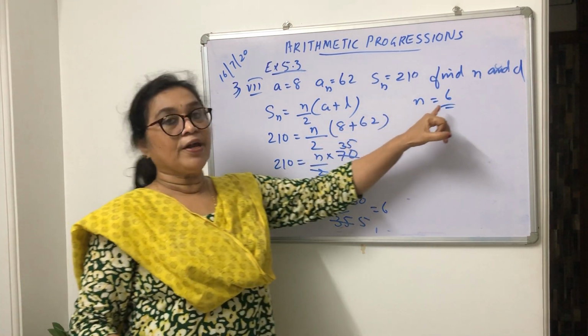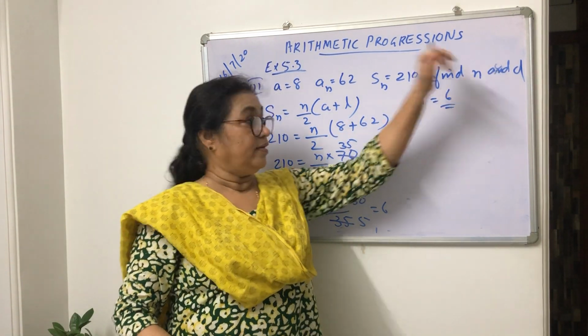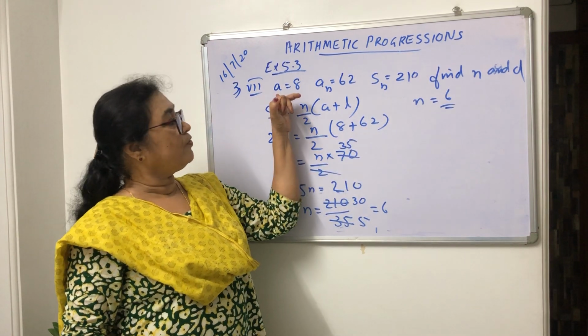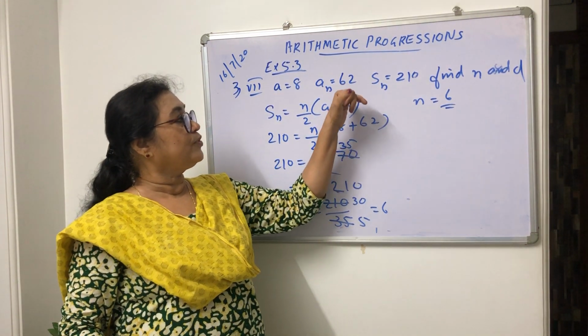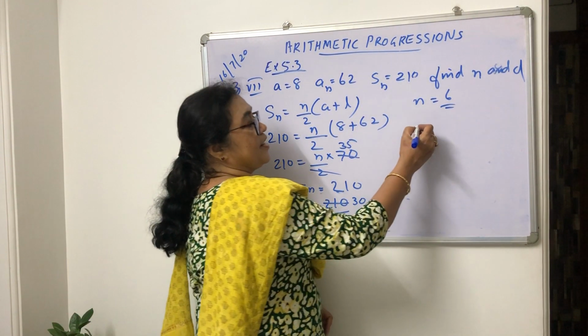Now you need to find out the value of D. Here the value of A is there, N is there, you need to find out D. So what is AN?